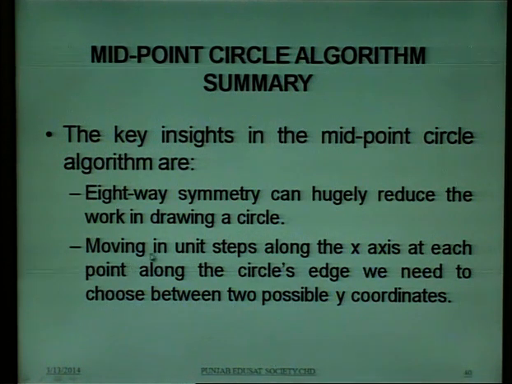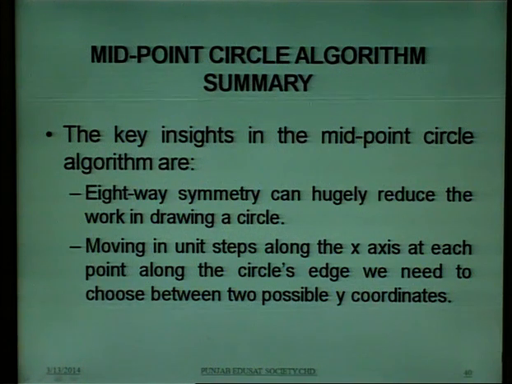Then, moving in unit steps along the x-axis, at each point along the circle's boundary we need to choose between the two possible y coordinates. We have to choose the value between possible y coordinates, when the value of y can range from y_k to y_k minus 1.